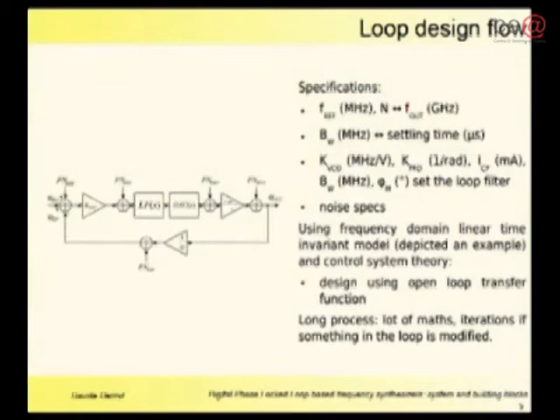So the standard design flow starts from the communication standard for which the synthesizer is meant, and from here the overall phase noise specification, the spur content specification and the switching time are derived. And then from this overall specification, they are broken down into pieces in order to define the parameters and the specifications of all the single building blocks of the loop.